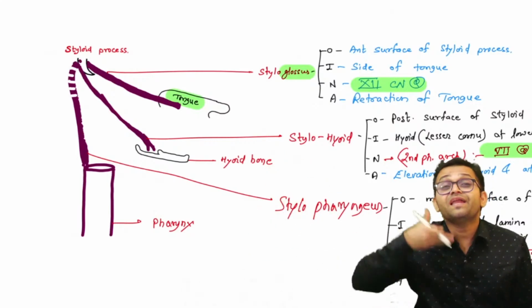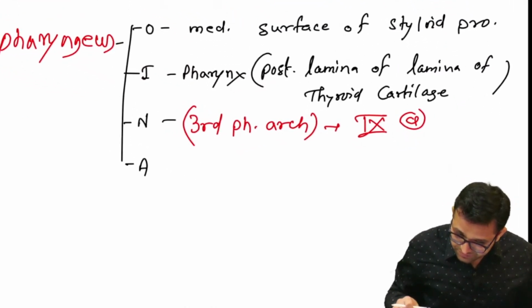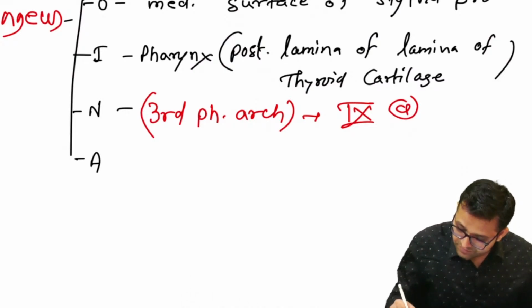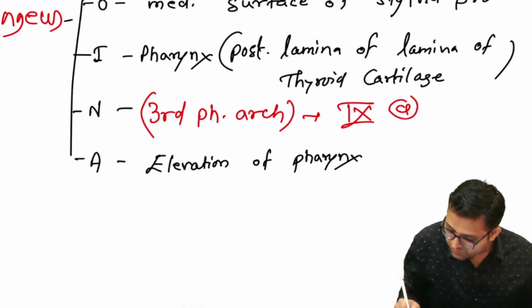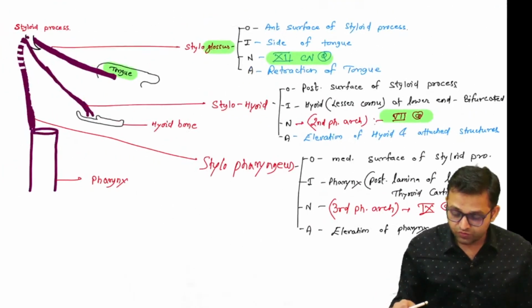So it will cause elevation of the pharynx. Yes, sir, it is the elevator. Yes, it will cause elevation of pharynx. Okay, sir. So these are the points which you have to remember.